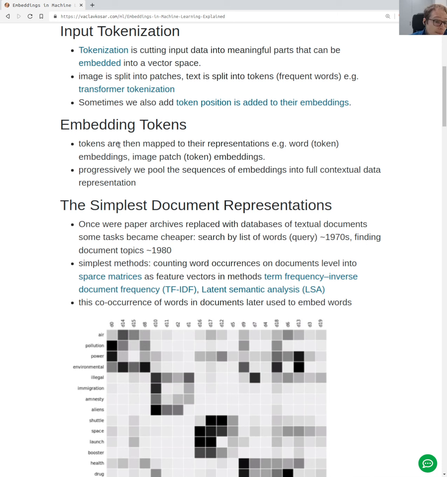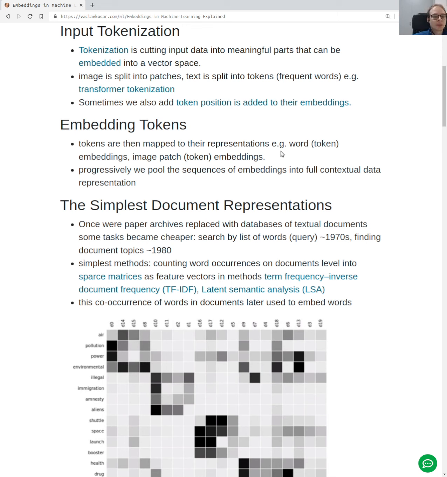And how do we embed those tokens? For example, in case of natural language processing, we map words, tokens to their vector representations, or image patches to those vectors as well, to embeddings.